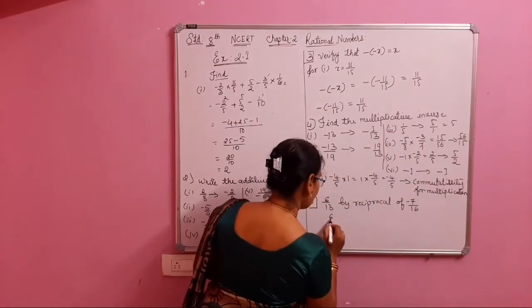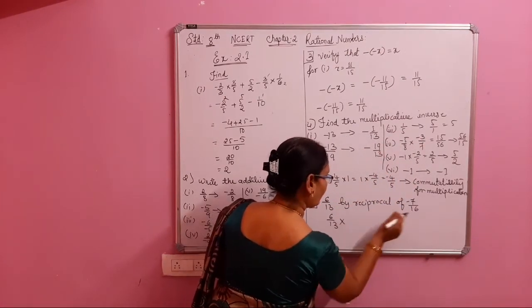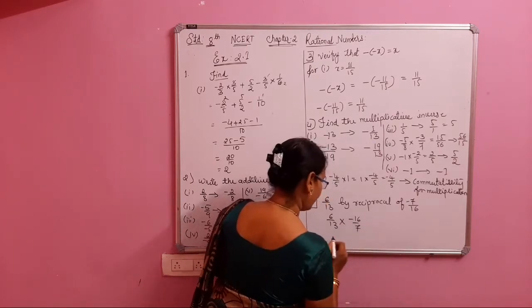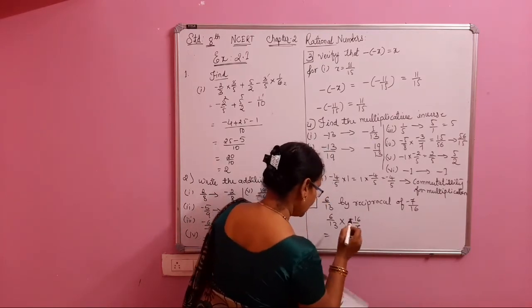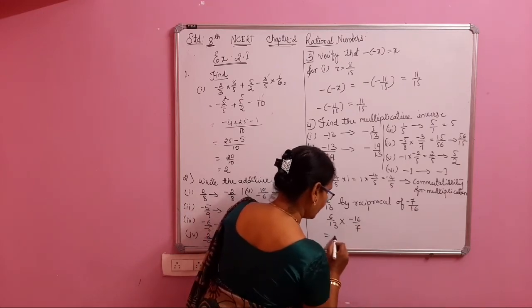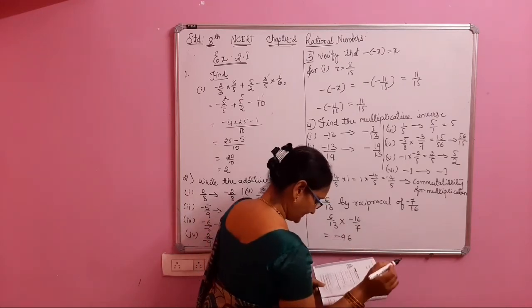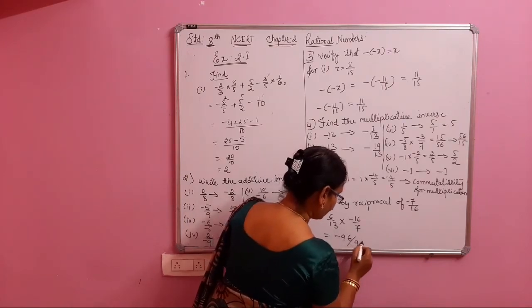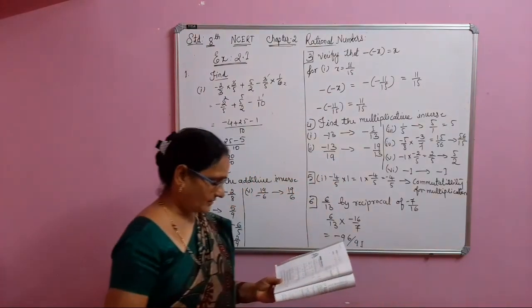See here, 6 by 13. What is the reciprocal of minus 7 by 16? Minus 16 by 7. Then 16 6s are 96, plus into minus, minus 96. Then 13 7s are 91. This is the answer. In this way you have to do.